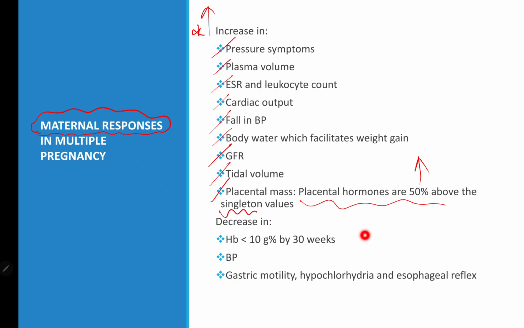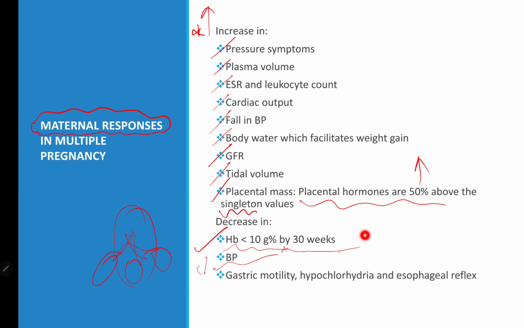And there will be a decrease in hemoglobin. The mother's blood distribution is going to be to not one single baby, right? There are more babies, therefore hemoglobin will be drastically reduced. That is, hemoglobin is less than 10 gram percentage by around 30 weeks.